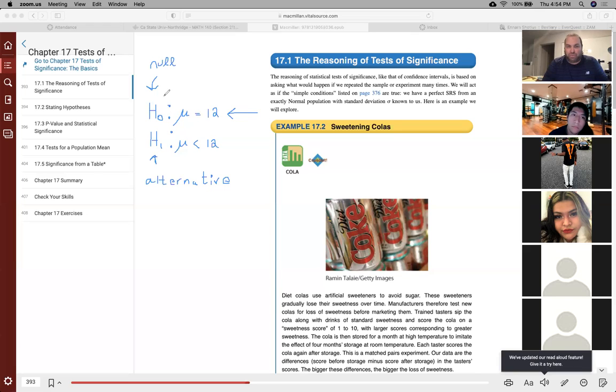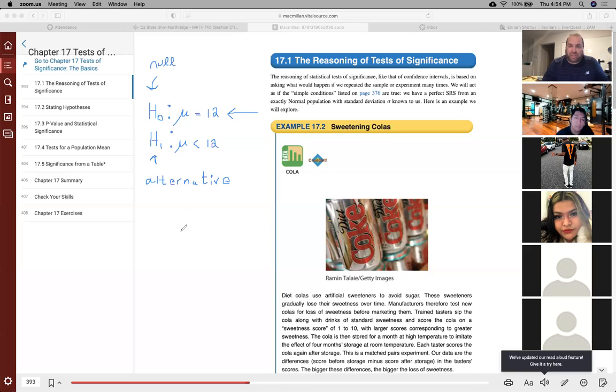So this is what the belief has been up until the experiment that you're performing. And this is the alternative hypothesis. This is the one where you come along and say, I don't think this is correct, I think this is correct.